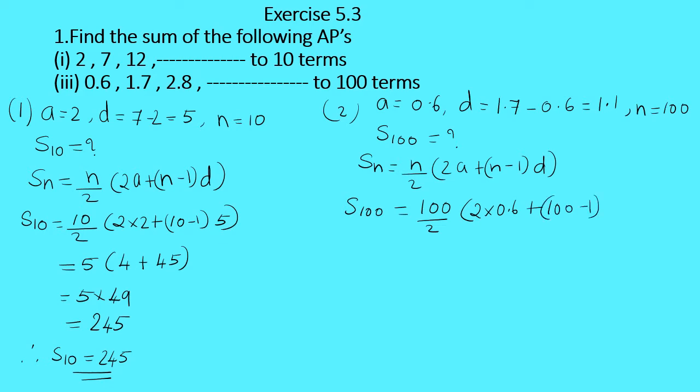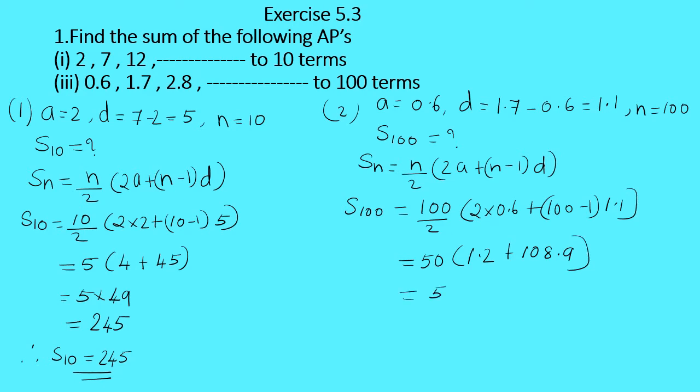multiply by d is 1.1, that is equal to 100 upon 2, that is 50, 2 multiplied by 0.6, that is 1.2, plus 99 multiplied by 1.1. 99 multiplied by 1.1, that is 108.9.